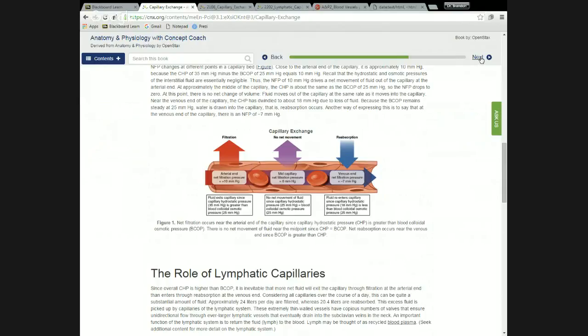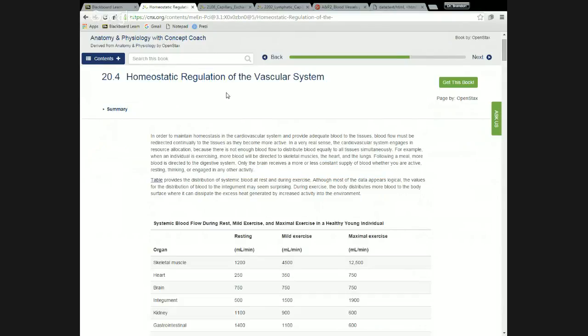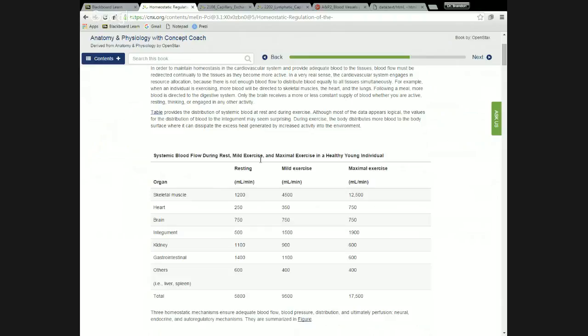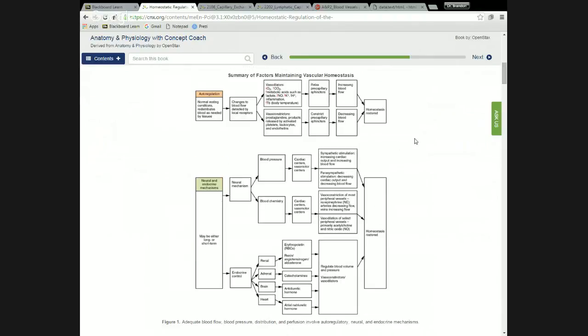So moving on with the cardiovascular system and blood vessel chapter, the next section is about the homeostatic regulation of blood pressure. This picture, actually, let me make this picture a little bit bigger.